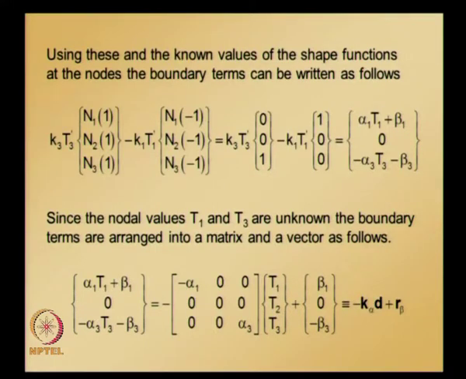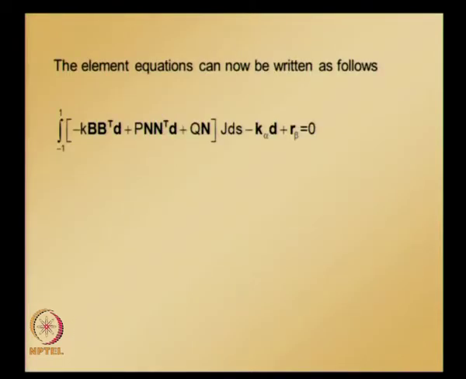So, substituting this, the element equations can be written in this manner, and further defining k k, k p and k alpha, the equation can be written as k k plus k p plus k alpha times d is equal to r cube plus r beta, where each of the terms are defined like this.